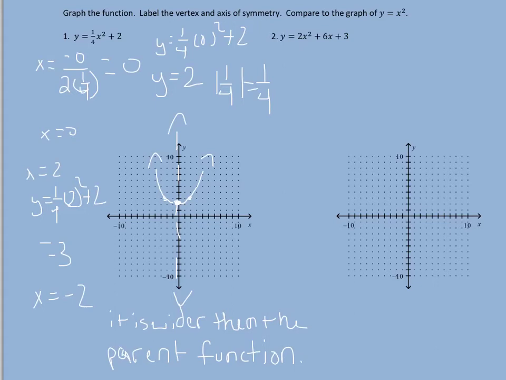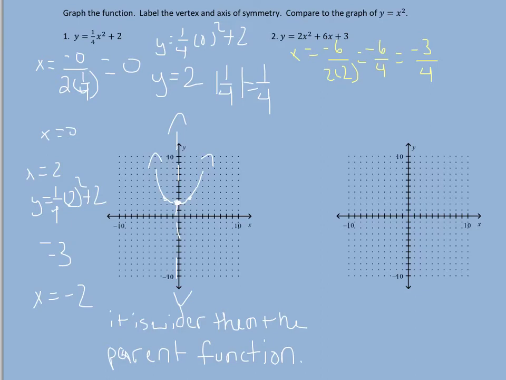Alright, so hopefully you did. Try to go through and do this, so let's take a look. I would have started by saying x equals -6 divided by 2 times 2. So you get -6/4, which is -3/4. So x equals -3/4.